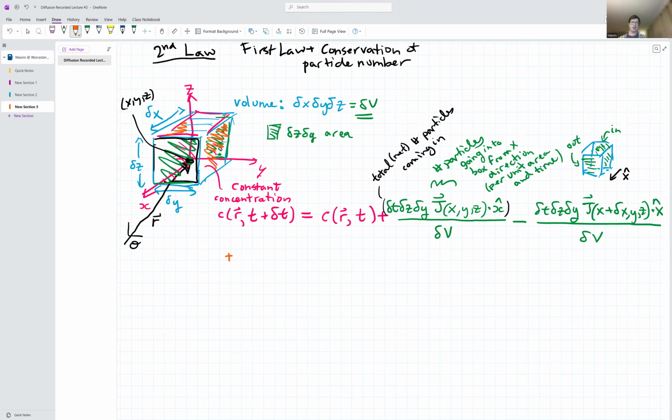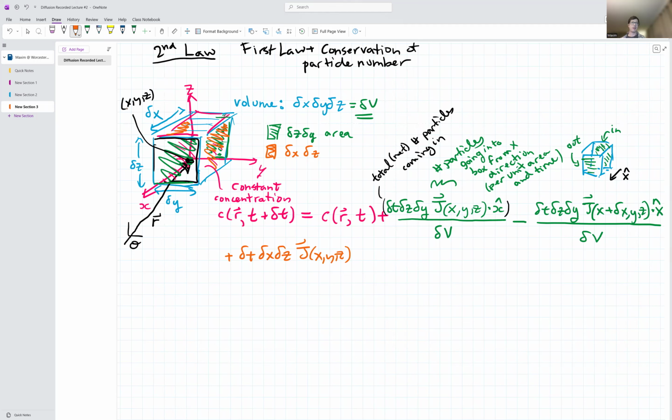Along y hat, this back wall would represent particles coming in along the positive y direction. So we have again delta t. Now the area of the orange side is delta x times delta z. It's delta t, delta x, delta z, and then we have j evaluated at x, y, z.